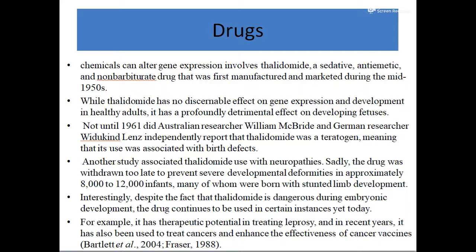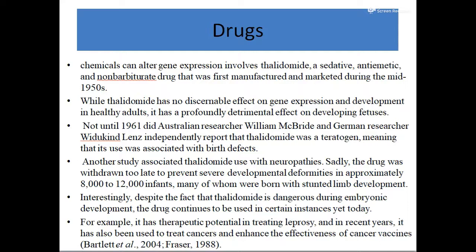Coming to the next factor, which is drugs. In the case of drugs, the example I'm talking about here is thalidomide. It is a sedative and anti-emetic, as well as a non-barbiturate drug, which was first manufactured and marketed in the mid 1950s. It did not have any bad effect on development in healthy adults, and it was used profusely during the 1950s.